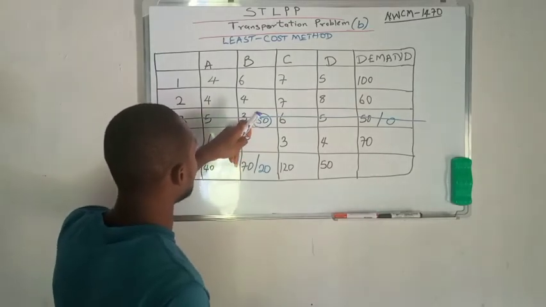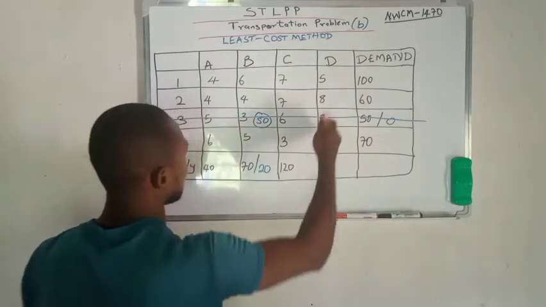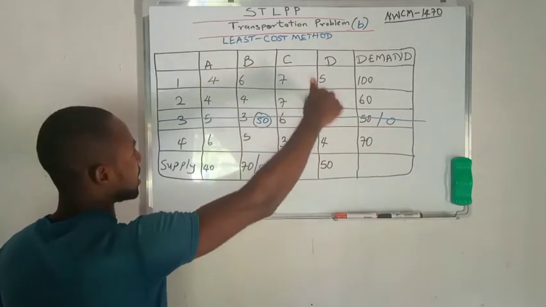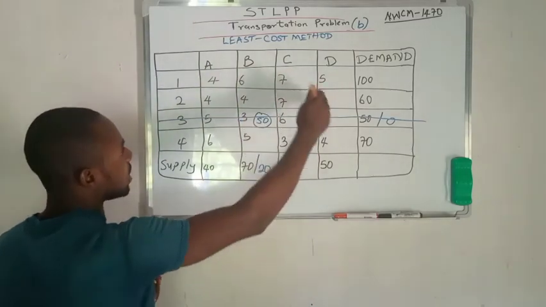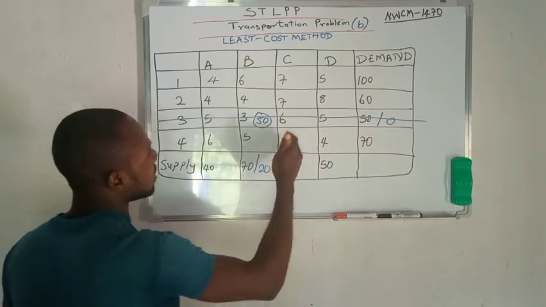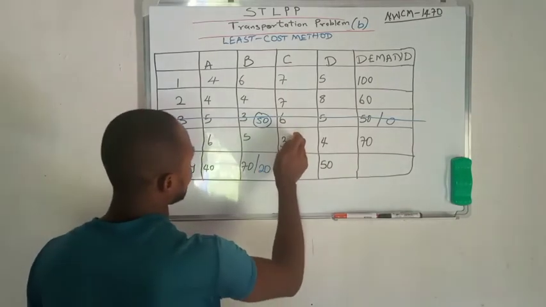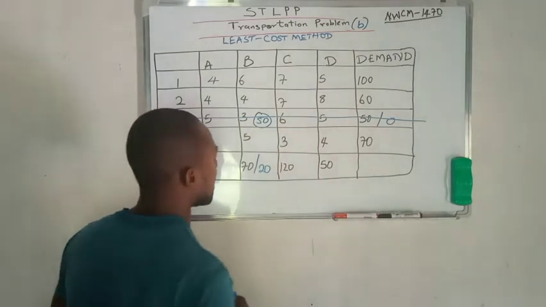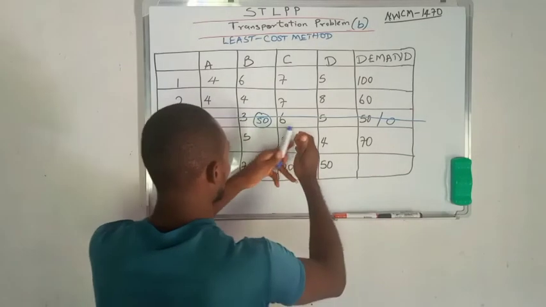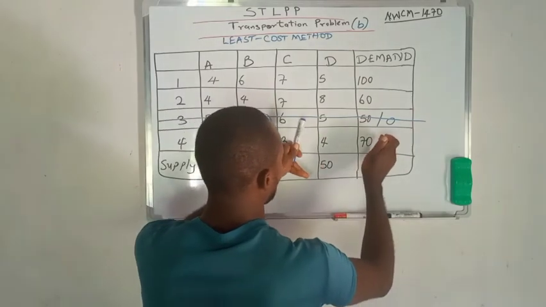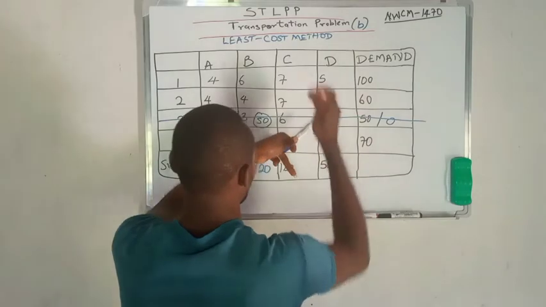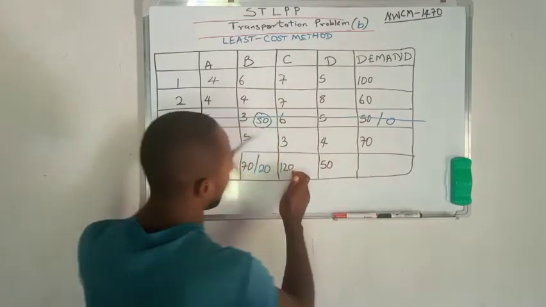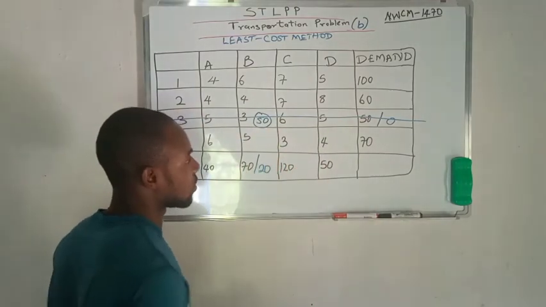After that we check for the remaining costs in our table. The remaining cost, we have this, and then we check what's the smallest: 3. So we have 3 here, and then we check what is the demand for this place. We have 70 in the demand unit, and for the supply we have 120. So what do we do?